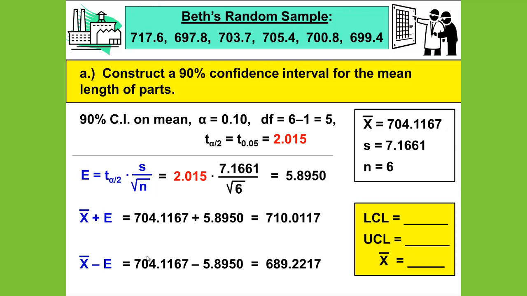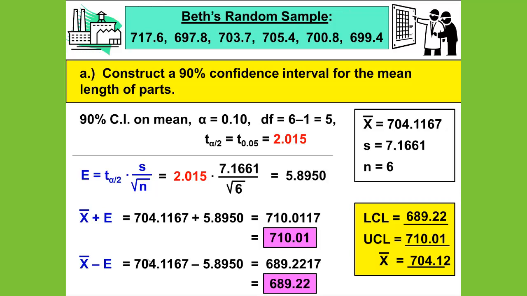Looking at our original data, which is to 1 decimal place, we want to round to 2 decimal places. So that gives us 710.01 and 698.22. We will fill those in for our lower confidence limit and our upper confidence limit, as well as filling in our x bar.